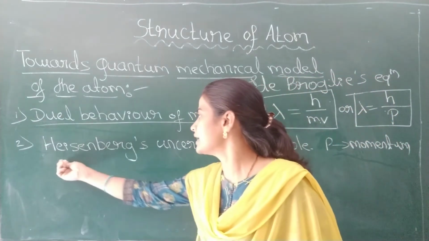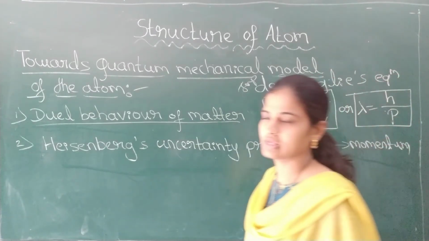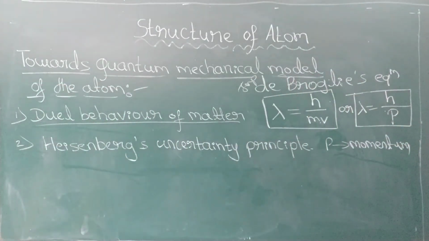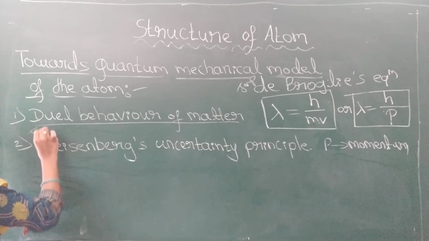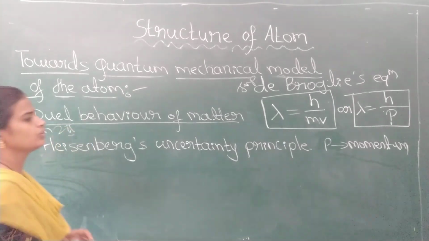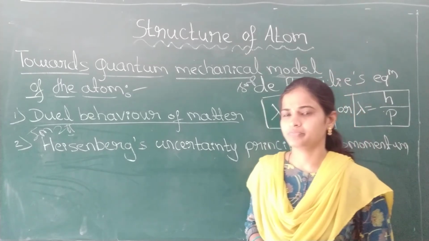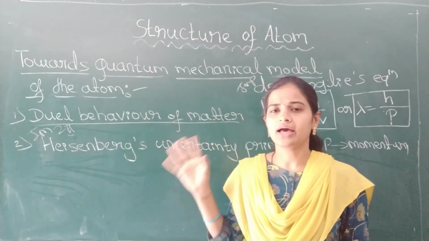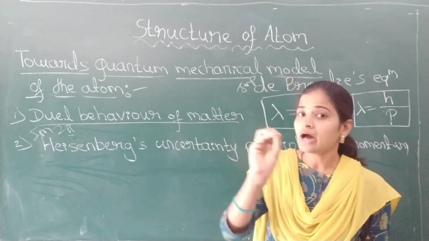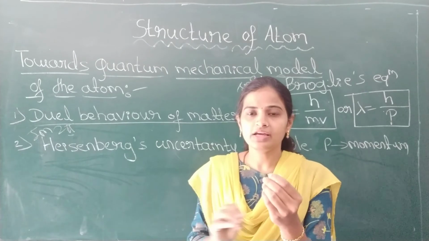Then you write the side heading Heisenberg's uncertainty principle. Mark it as important for 2 marks. Define or state Heisenberg's uncertainty principle. Werner Heisenberg has told that till now we had believed that the electron is revolving around the nucleus.